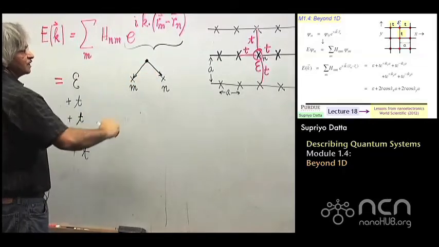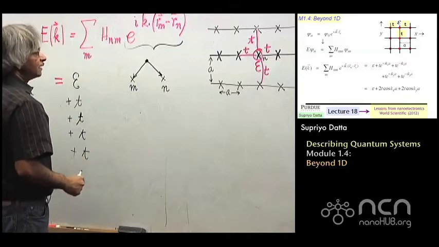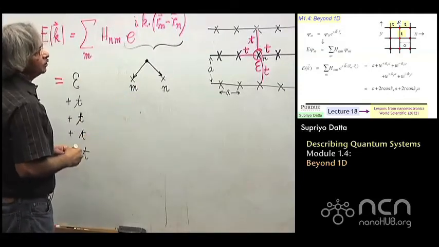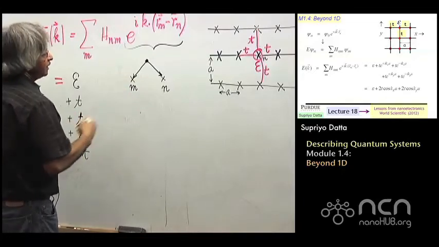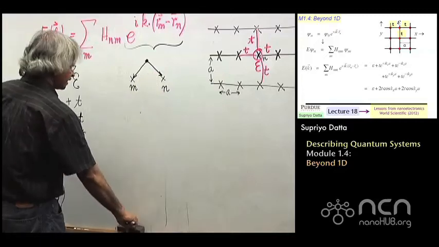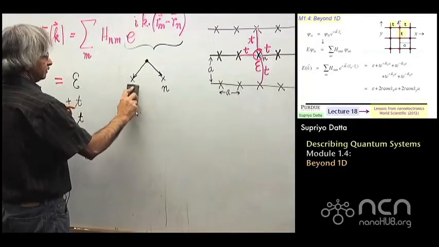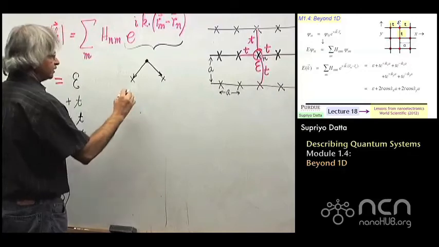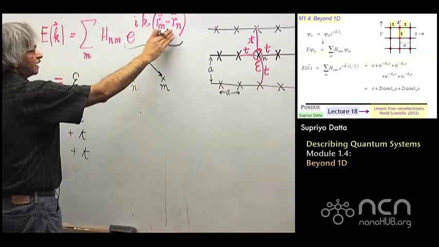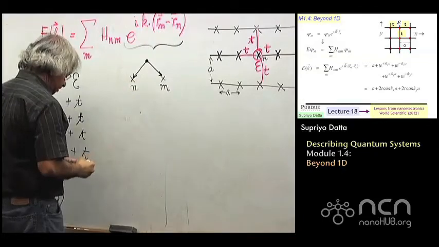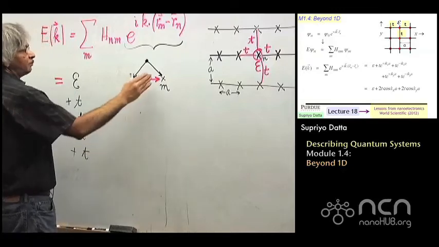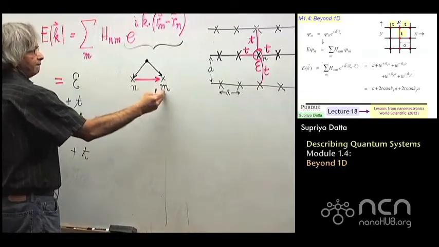What you can convince yourself is that when you look at Rm minus Rn, what you'd get would be actually the location of m. I guess I wrote this m and n wrongly. Let me turn this around. So this is n and this is m, let's say. So when I write Rm minus Rn, it is really just this vector. It is the vector that points from n towards m.